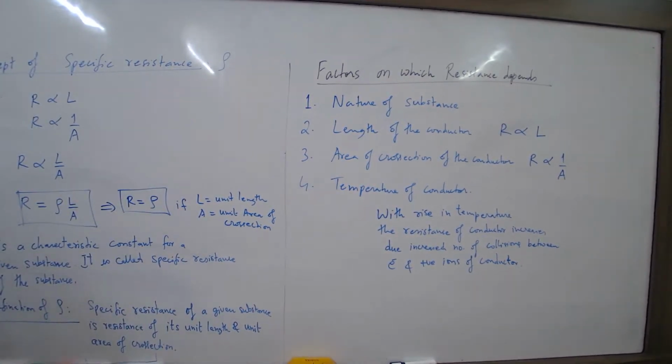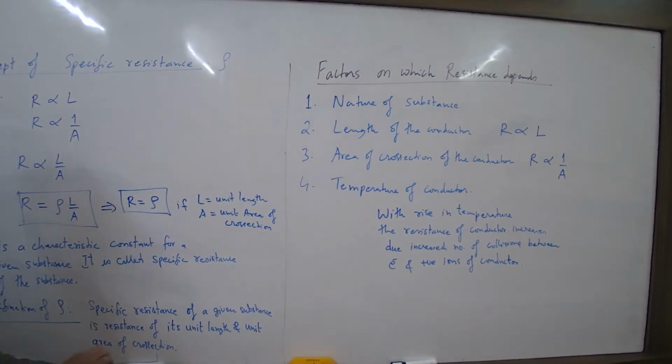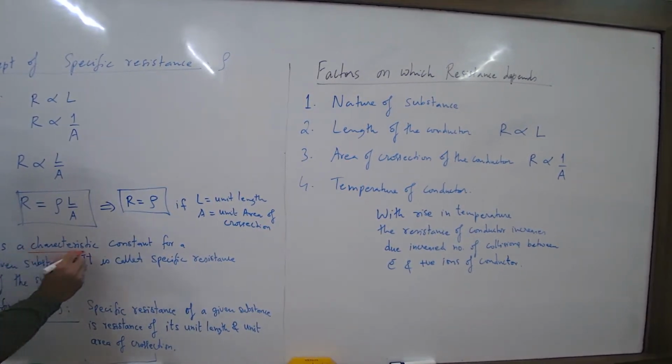Taking L as 1 and A as 1, you get specific resistance of the given substance is the resistance of its unit length and unit area. Okay, and it is a characteristic constant.